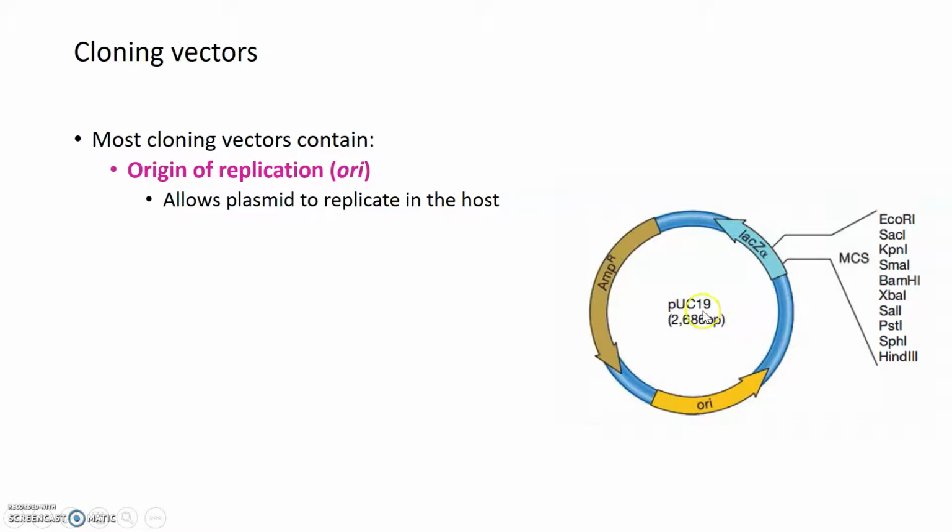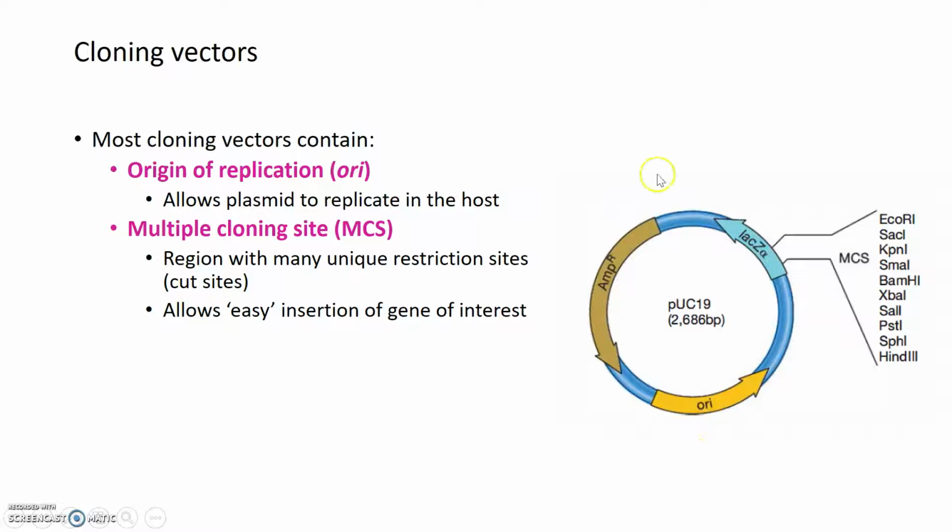So you can see this cloning vector over here. This is pUC19. It's a very commonly used cloning vector. It's a plasmid, and it has an origin of replication, or a sequence that signifies the replication start site, signified here in yellow.